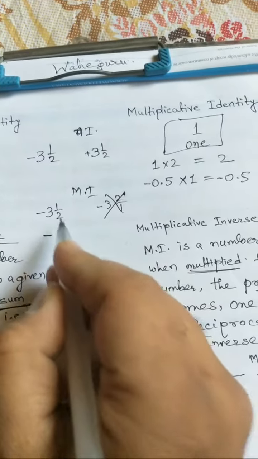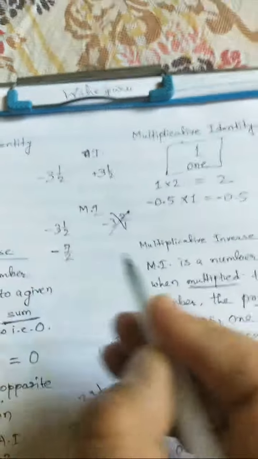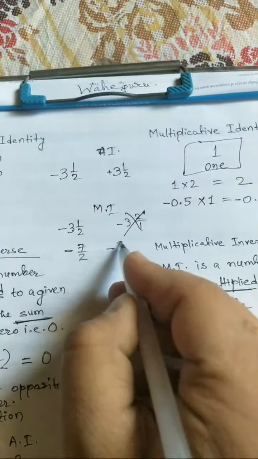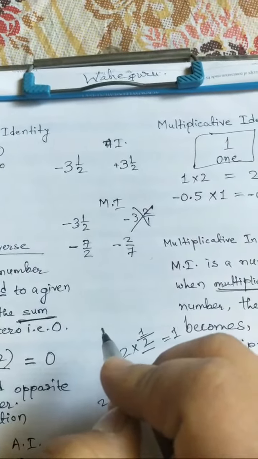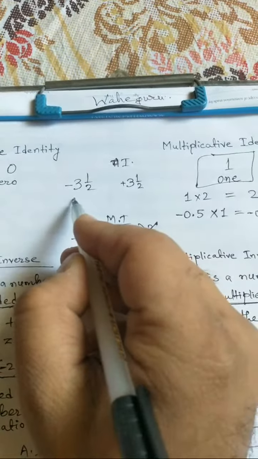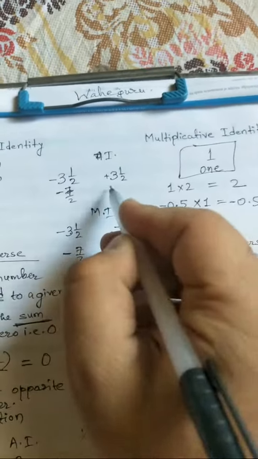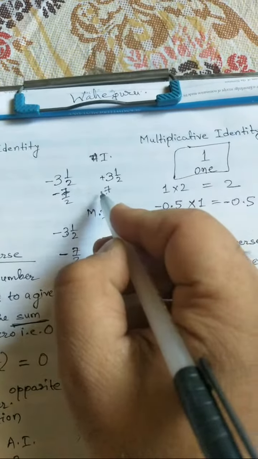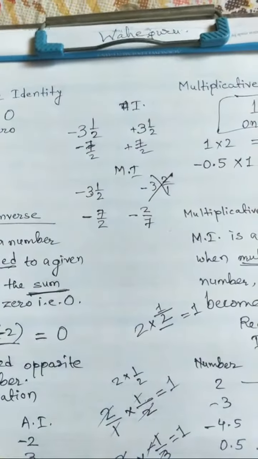Simplifying, it would be 3 times 2 is 6, plus 1, 7 by 2, so minus 7 by 2. The additive inverse would be plus 7 by 2, and the multiplicative inverse would be minus 2 by 7.